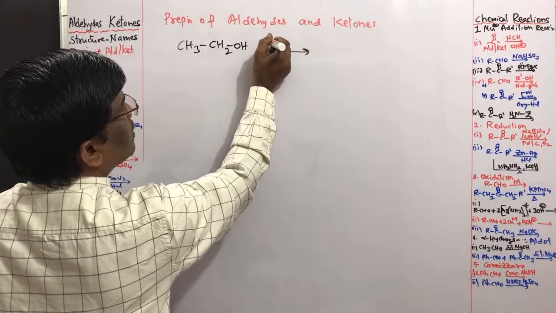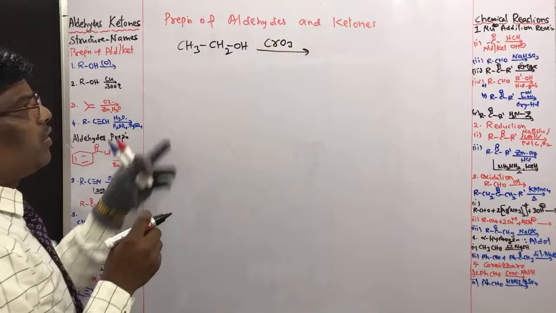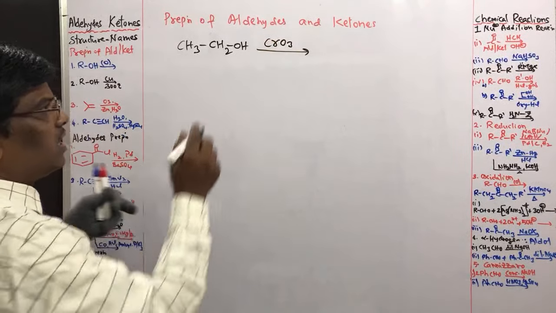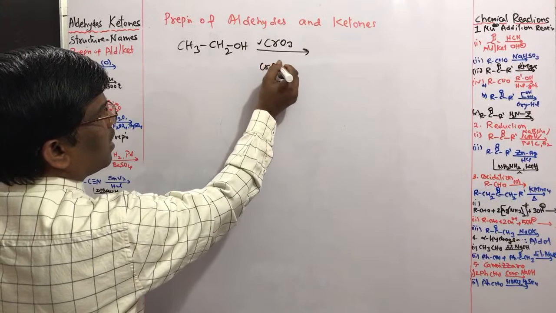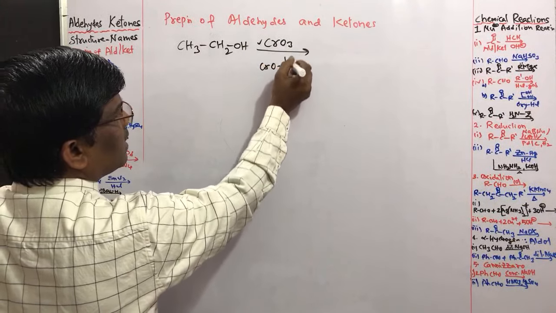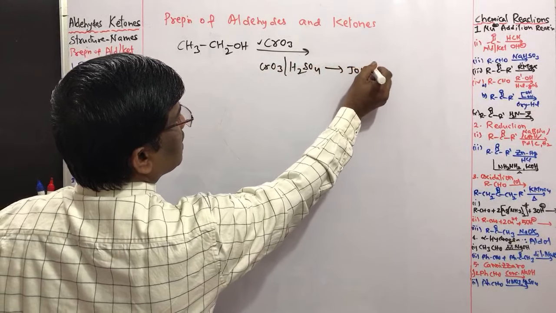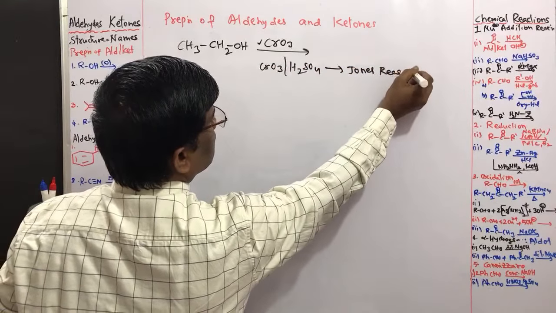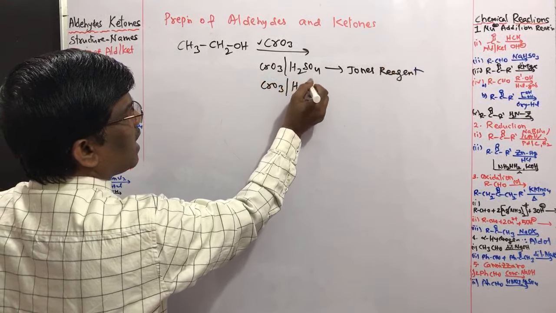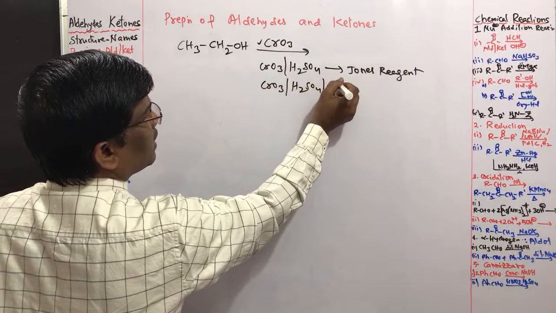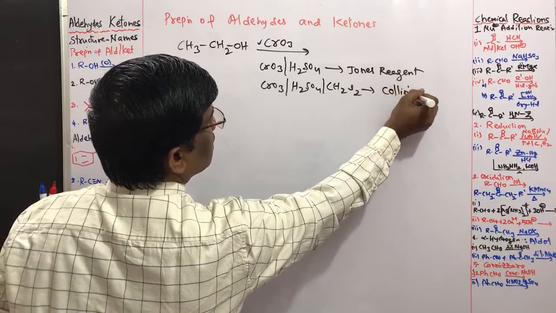The common oxidizing agent is chromium trioxide, and I have explained this during alcohol oxidation. So we can use chromium trioxide in sulfuric acid; it is Jones reagent. If I use chromium trioxide in dichloromethane, it is Collins reagent.